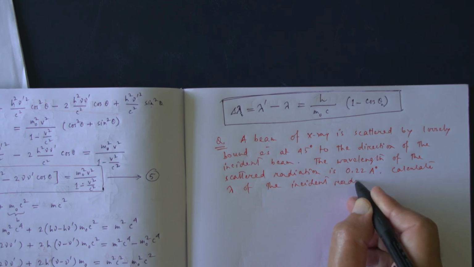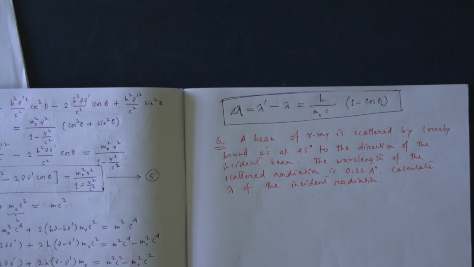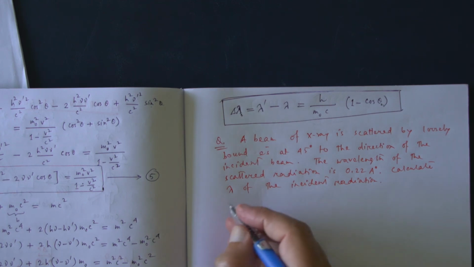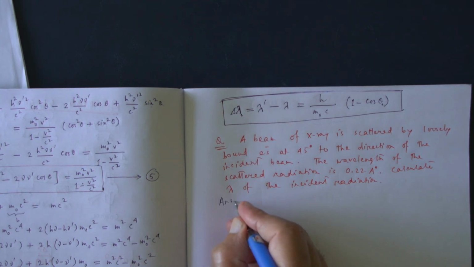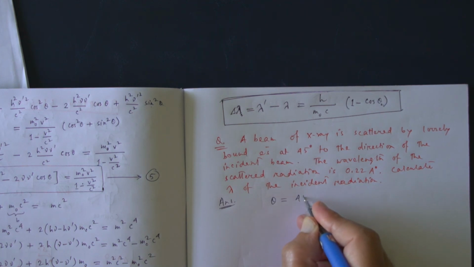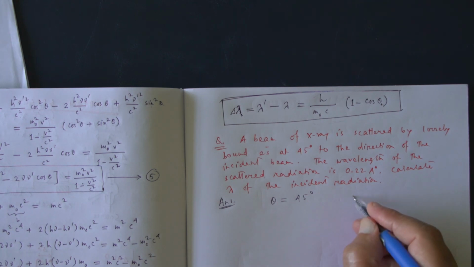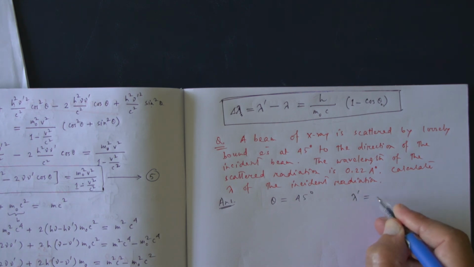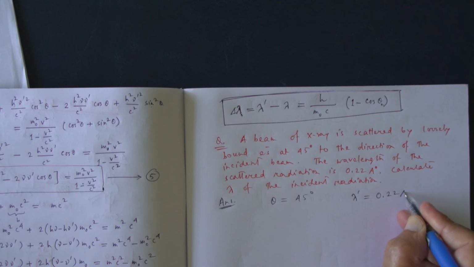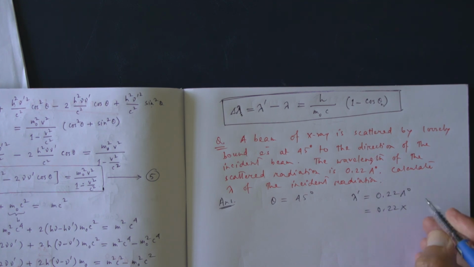So here you see everything is given. Simple, once again, very simple problem. So θ is given, 45 degrees. Then λ' is given, 0.22 angstrom, that you may convert into SI.